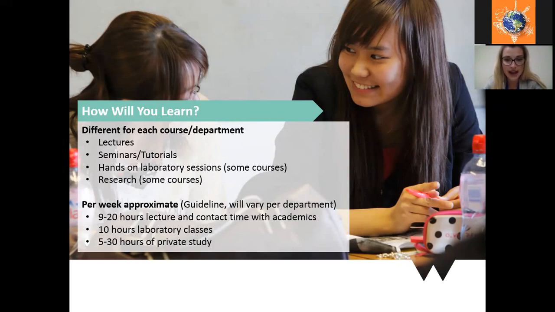The contact hours are about 9 to 20 hours with your lecturers, in terms of seminars and lectures. But private study would be quite high, between 5 and 30 hours. You'd be expected to go to the library, do private research, write your assignments. That's quite important.